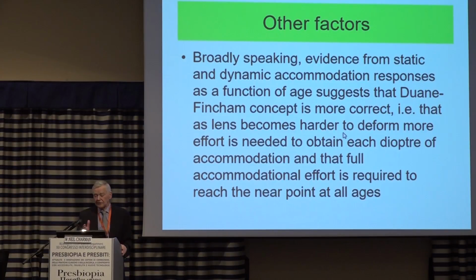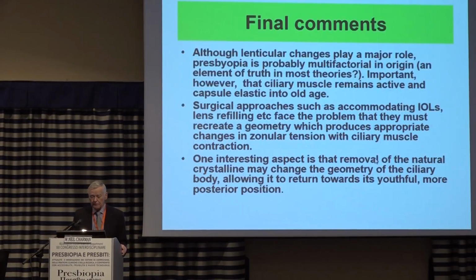And other factors I just wanted to mention, and I didn't have time to show these, but generally speaking, the Duane-Fincham idea that we use up whatever force from the ciliary muscle that we've got is the correct one. There's no latent ciliary body force available.